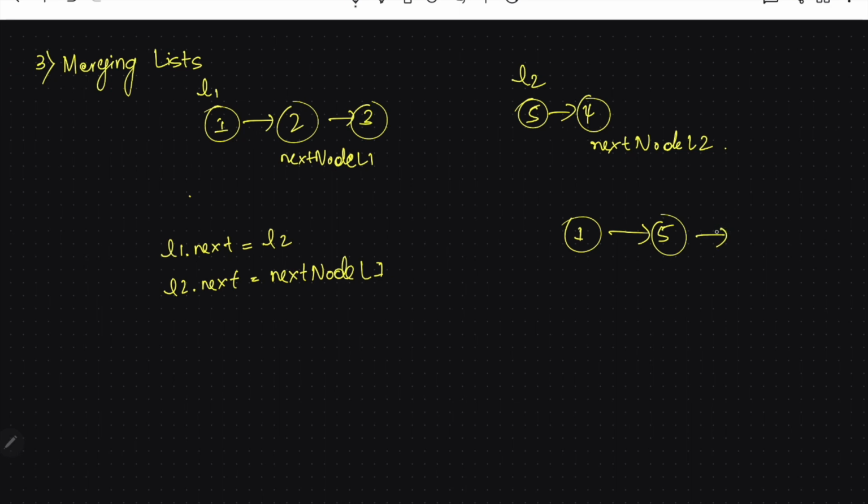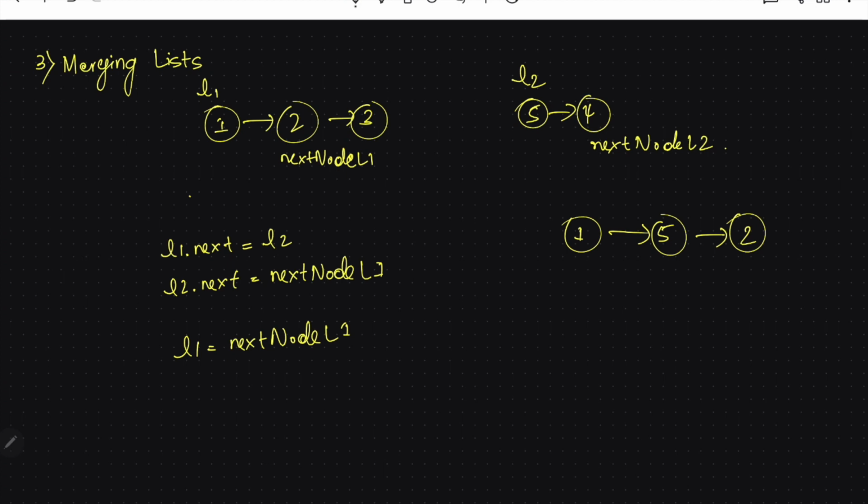So here we are assuming that L2 is already reversed. We have found the middle and we have reversed the list from the middle, and now we started combining. After that we can assign L1 as next node of L1, because next node of L1 is still pointing to node 2, and L2 will be next node of L2.